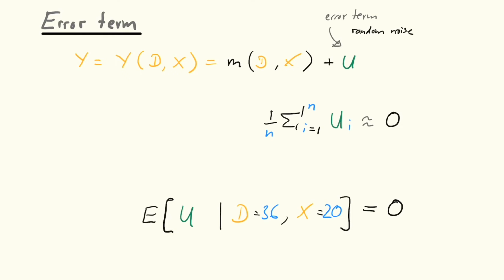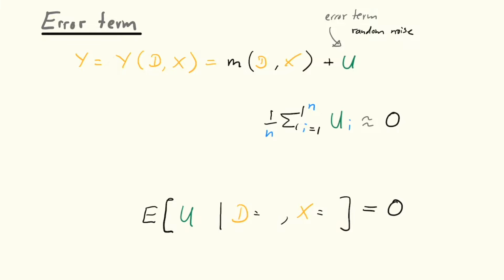By the law of large numbers, the sample average inherits this 0 from the population average. This seems like a good assumption now, but as you'll see in a second, we need something a little bit more general. So for now, let's assume that it doesn't hold for this subpopulation, but for all subpopulations.